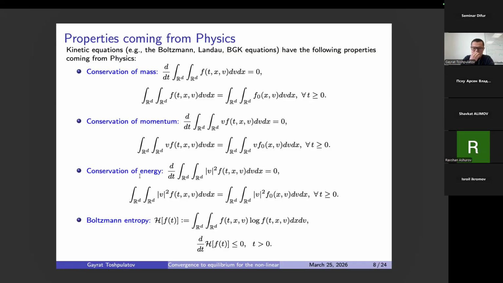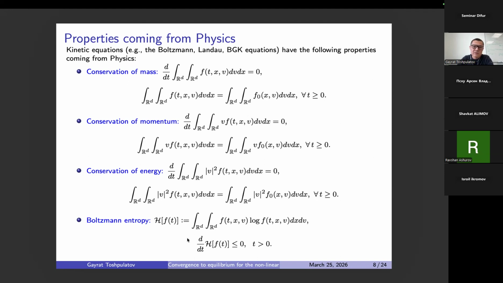And another, unexpected feature of these equations is that there exists a Lyapunov functional. So if we consider this H as an integral of f times log f, you can see there is a log appearing here.